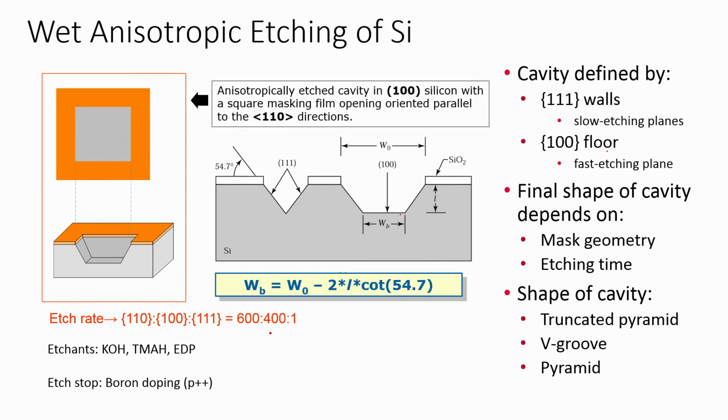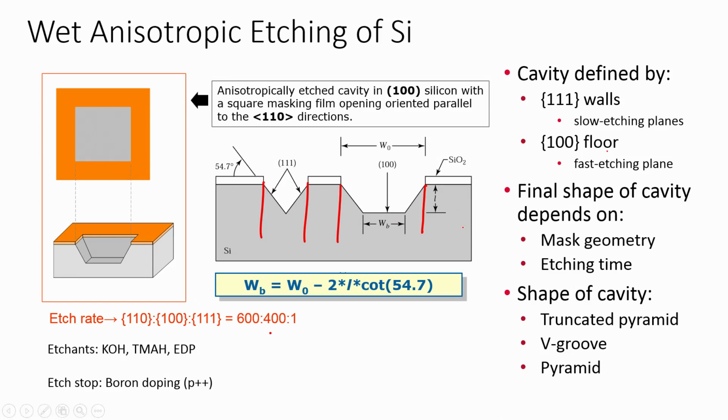So, when you dip this wafer in KOH or TMAH, the silicon below the silicon dioxide will not get etched, as you can see here. If it is a 111 wall creating plane, it is slow, while if it is a 100 creating plane, it is faster.